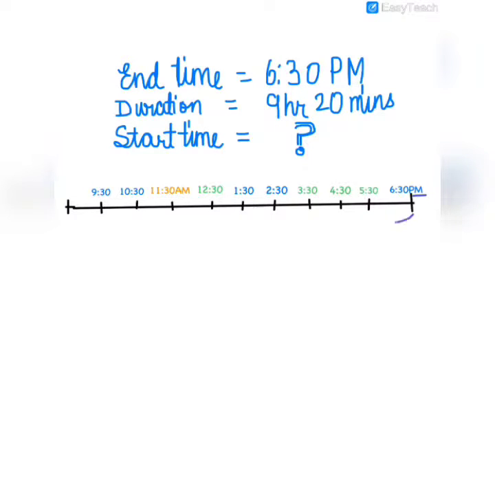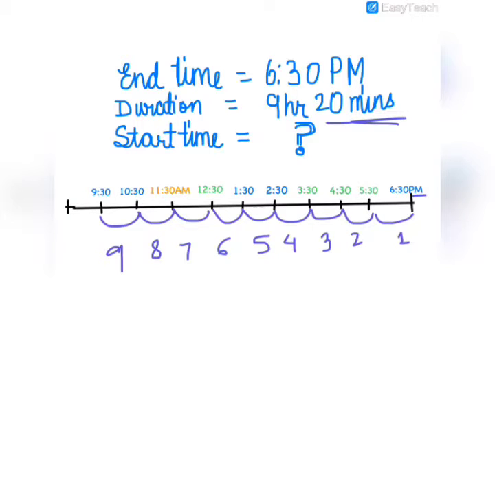So from 6:30 to 5:30, 1 hour, then the second hour at 4:30, third hour at 3:30, fourth hour at 2:30, fifth hour at 1:30, sixth hour at 12:30, seventh hour at 11:30 a.m., eighth hour at 10:30, and ninth hour at 9:30. So at 9:30, 9 hours are covered. Now we need to cover 20 more minutes, so we have to go 20 minutes backwards.